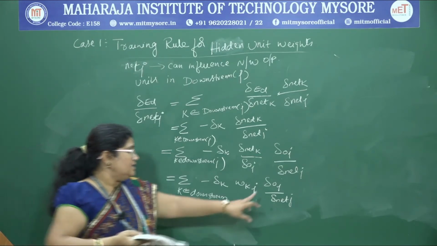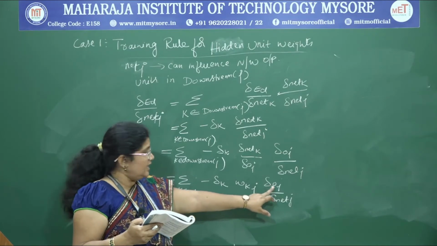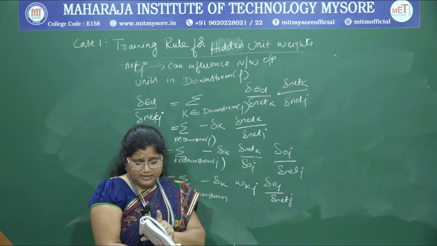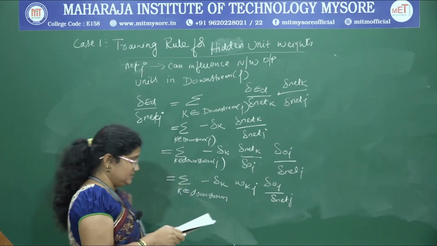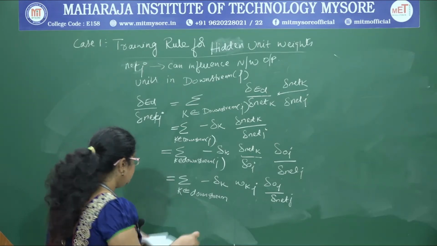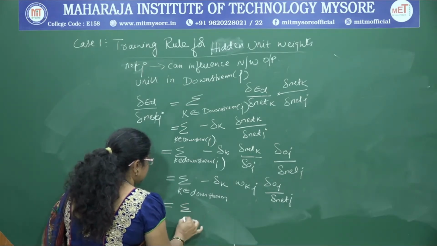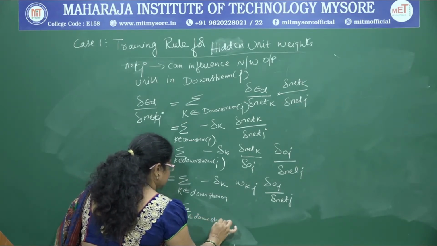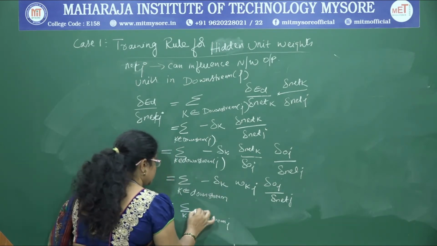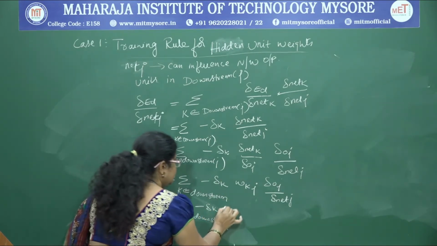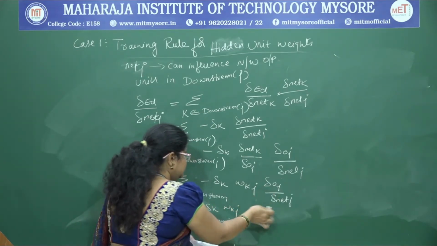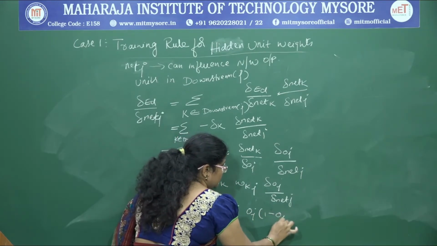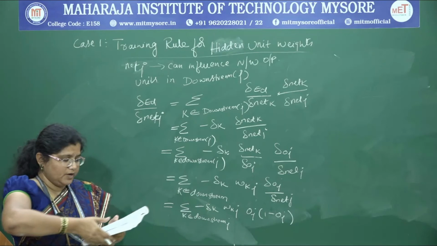We can replace it, so it is equal to summation k belongs to downstream of j, minus delta k wkj, where this particular part is replaced by Oj into 1 minus Oj.